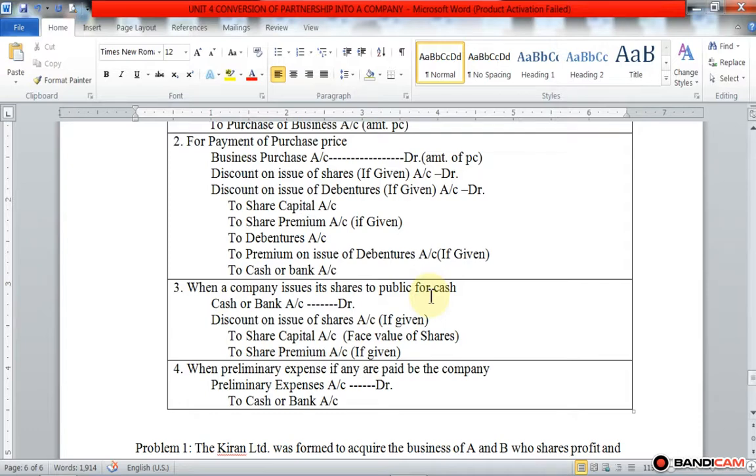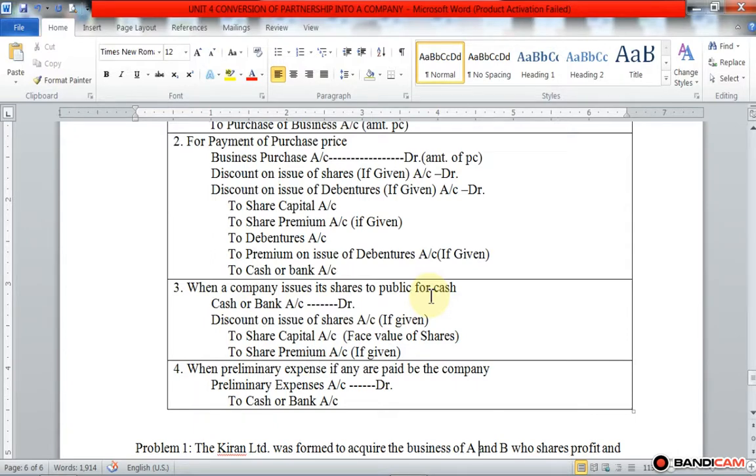If shares are issued at a discount, then Cash Account debit, Discount on Issue of Shares Account debit, to Share Capital Account. It means the shares are issued at a discount.